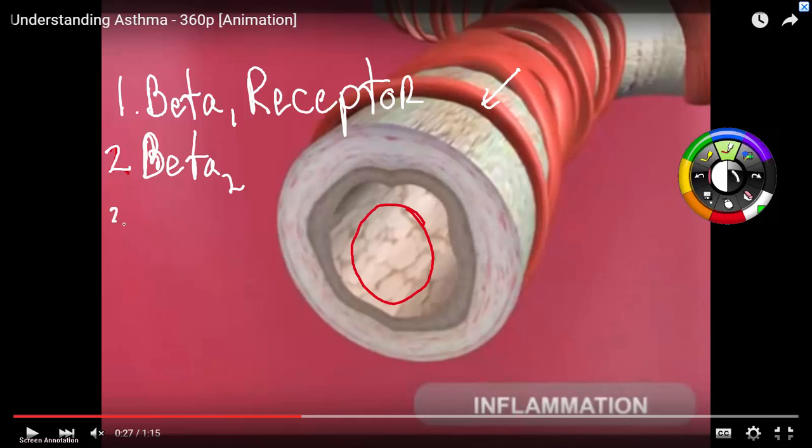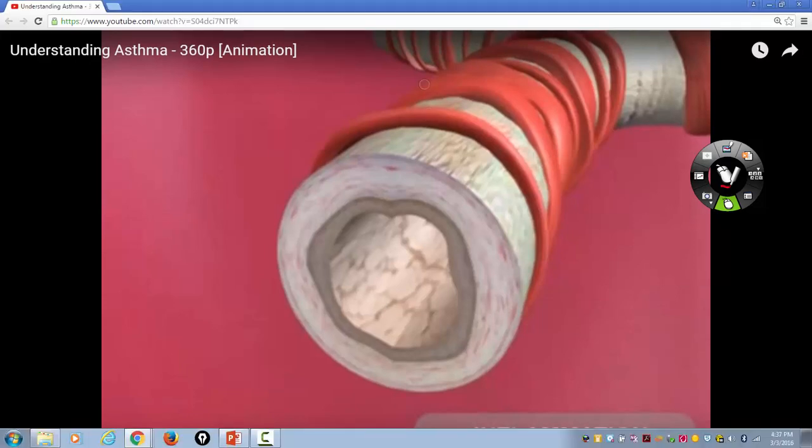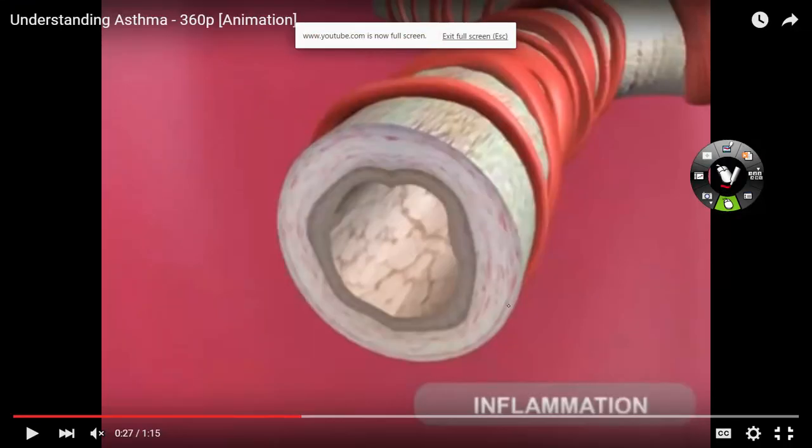And number three, there ain't no number three. That's all I got there. All right. So remember, beta 1 receptors are on the arteries and arterioles that supply that lining, and beta 2 receptors are in the smooth muscle of the bronchioles.